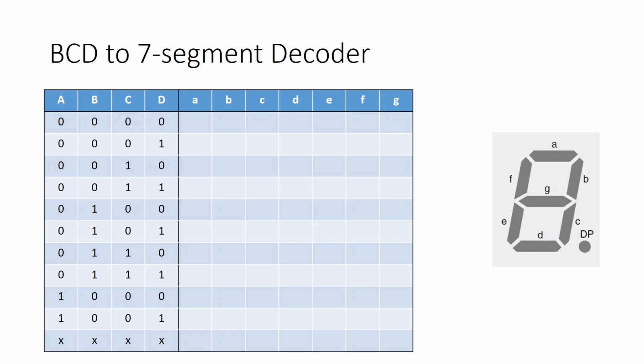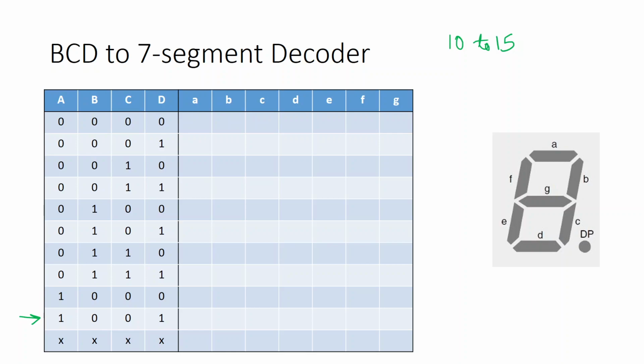All those 6 combinations from 1010 to 1111, which give a decimal equivalent of 10 to 15. These combinations, after 1001, are not supposed to glow any of the LEDs.